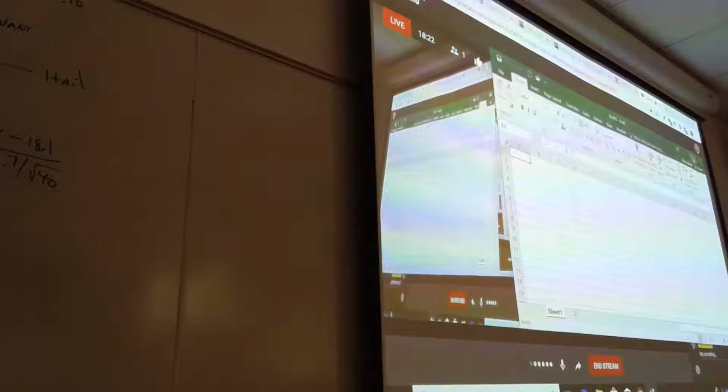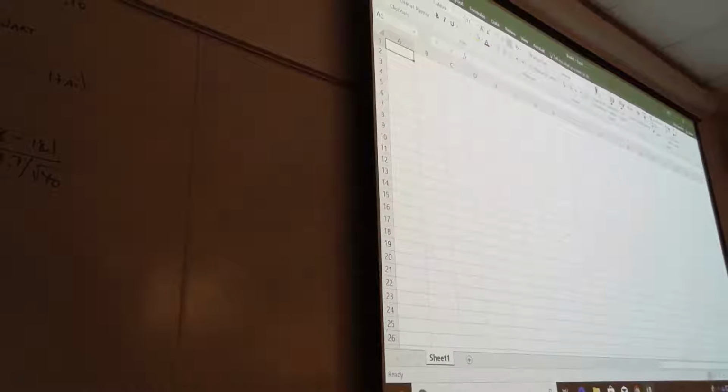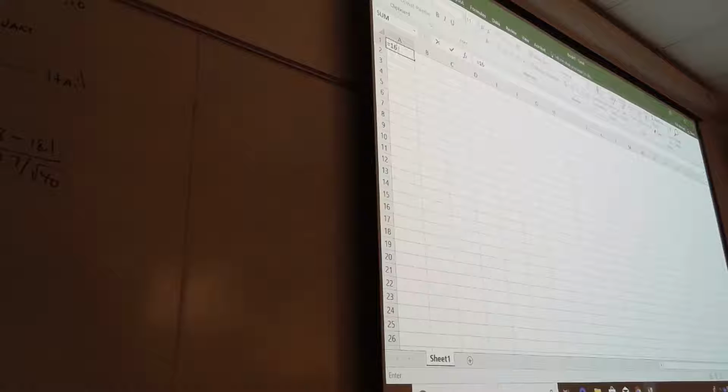I'll make this big. Okay, equals 16.8, no, 18.1. 18.1 minus, no, this is 16.8, I was right the first time. 16.8 minus 18.1, that's your numerator, equals your denominator, which is 4.7 divided by the square root of 40.